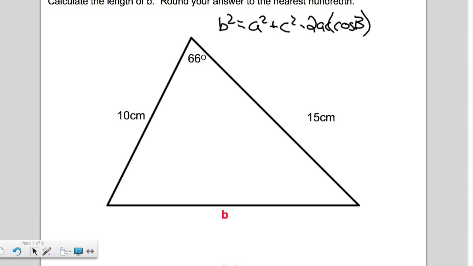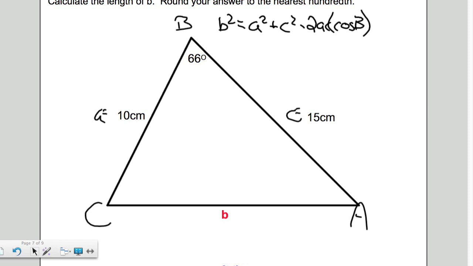So here, does it matter which one I label a, c? No. So I'll say this is a, this is c. By default, that makes this angle big C, this angle big A, even though we're not solving for it. It's just nice to label my triangle completely.